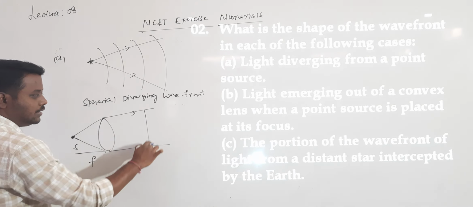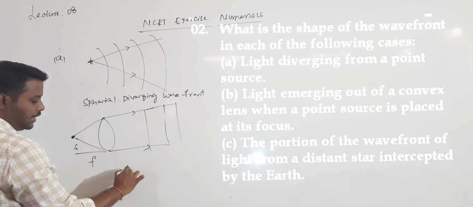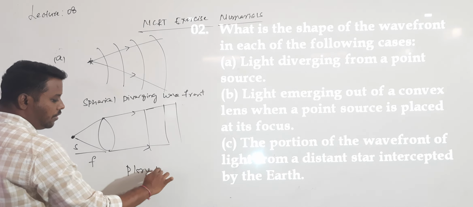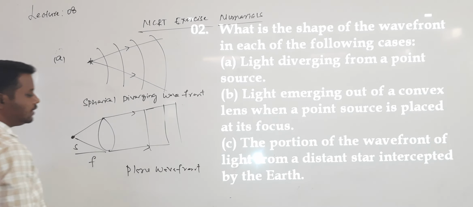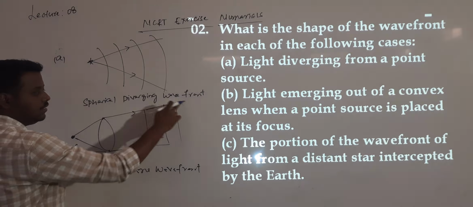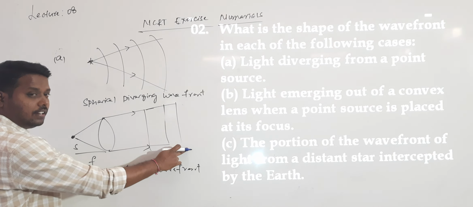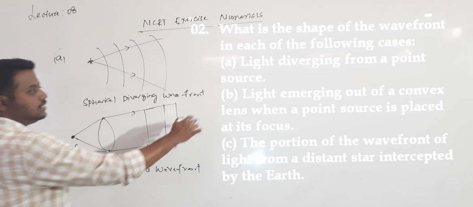When the light rays are like this, which wavefront do I get? A plane wavefront. Whenever the point source is placed at the focus of the convex lens, you get the image at infinity, the light rays become parallel, and the wavefront is a plane wavefront. So that is the second case.